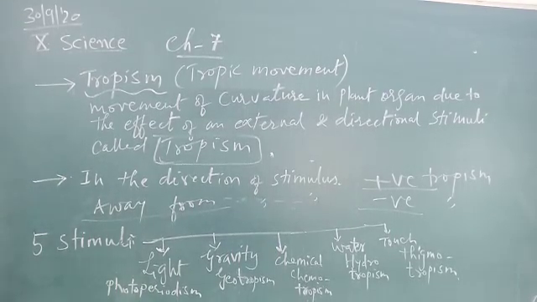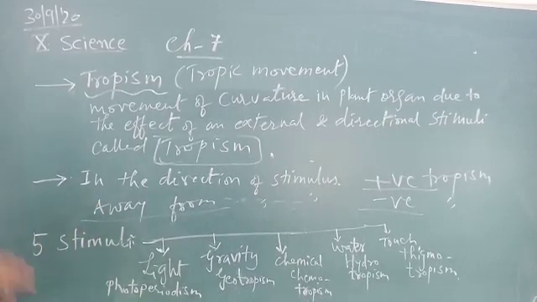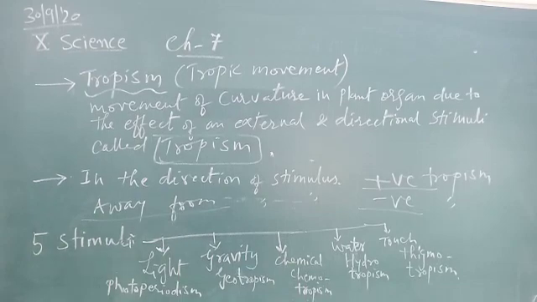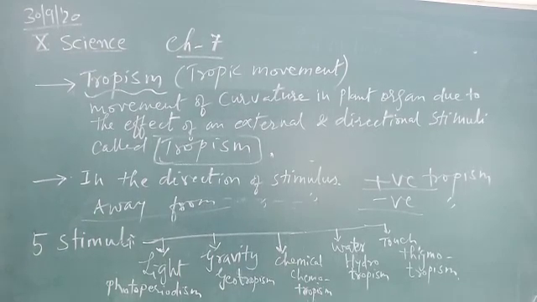The flowers change direction as the direction of the sunlight changes, and the stem responds to light and bends towards it. You know that the stem of any plant is outside the soil and the roots are inside the soil. So all these stems bend towards the light, and it is called positive phototropism shown by the stem.